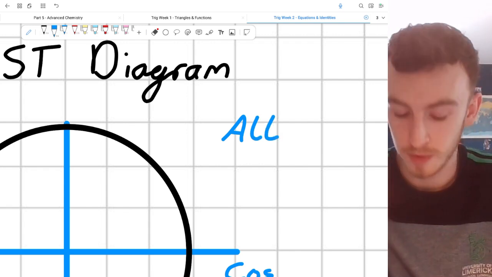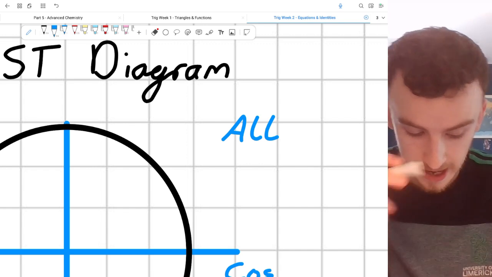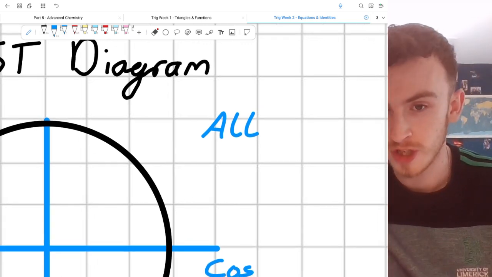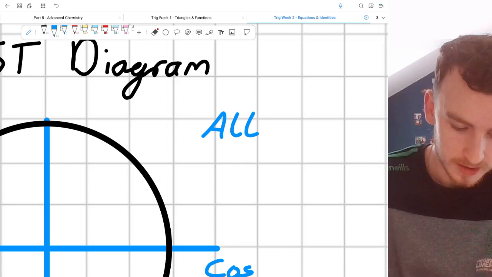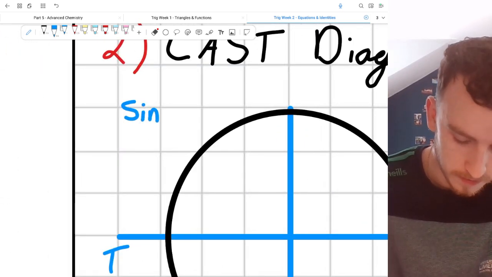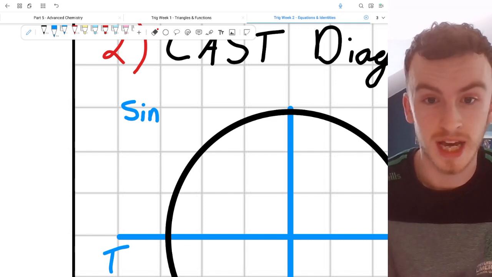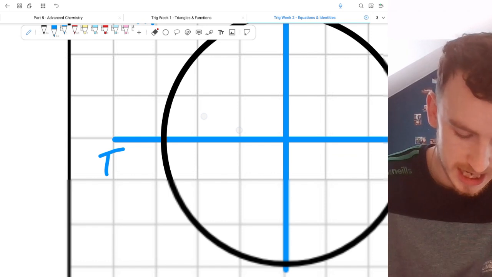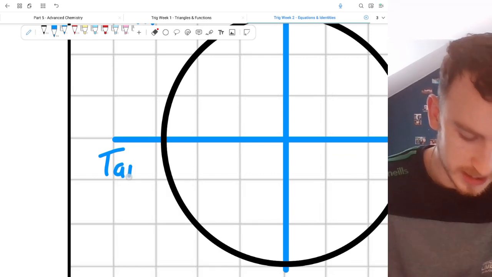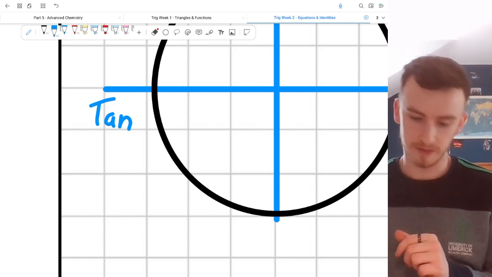Now this will make more sense when I carry on further. So all means that in this quadrant, all your trig functions are positive, okay? The S is sine. So in this quadrant, only sine is positive, cosine and tan are negative, and then your T is obviously tan. So in this quadrant, tan is positive, sine and cosine are negative.